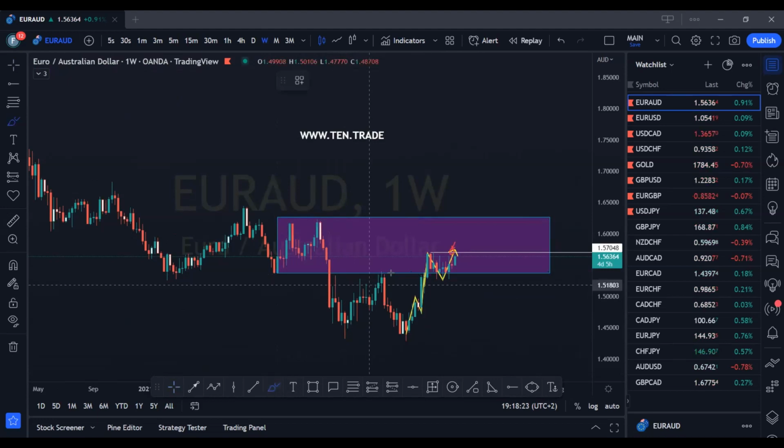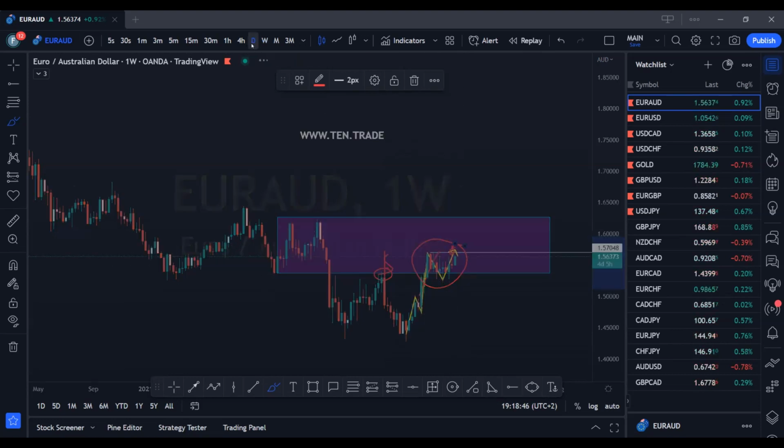This is the first mitigation of this particular supply here, and then price is coming up to take out this liquidity. So this is a liquidity grab, and all of this is a move to take out people's liquidity.